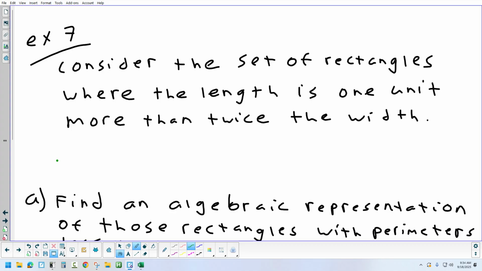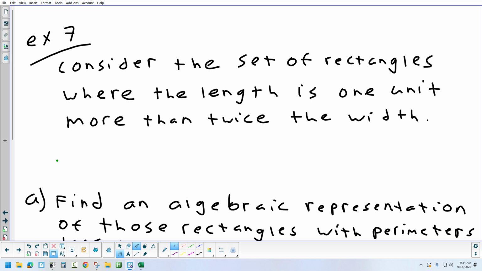Let's look at this problem. So consider the set of rectangles where the length is 1 unit more than twice the width. Well, before I even read anything else, let's write that as an equation, because chances are we're going to have to take that information and change it into an equation at some point.